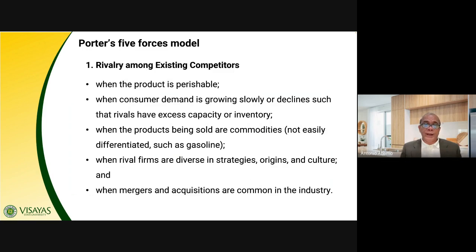Also, is getting out of or entering the industry easy or not? Some industries are difficult to exit because of huge unrecovered investment. You have not recovered your investment yet, so it's very difficult to get out of that particular industry.